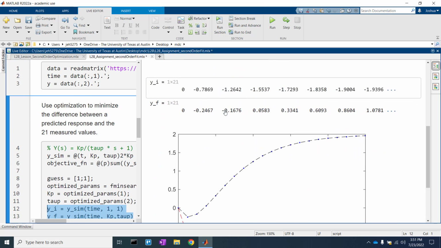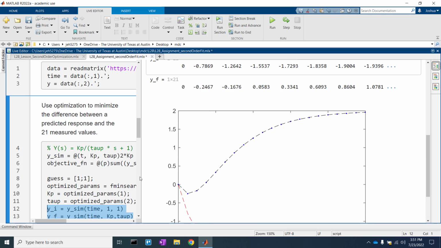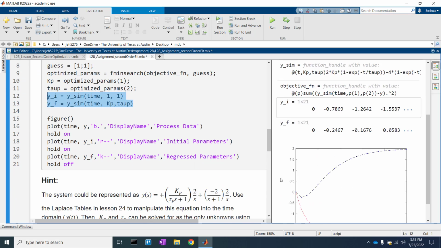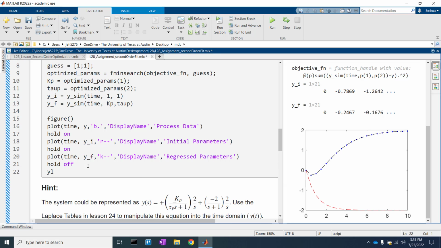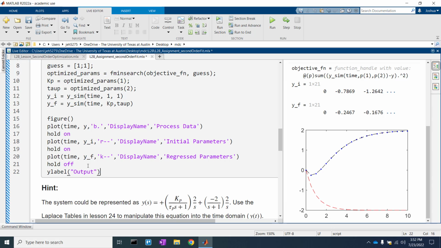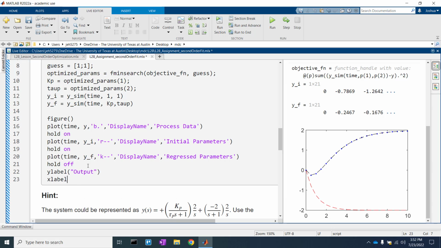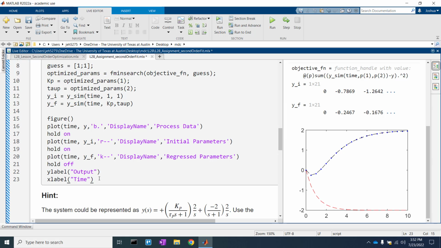So we have our two function handles. You'll notice here's our data in the blue dots, and then the dashed line. Let's go down in our graph real quick. The y label is going to be output. The x label is going to be time, and then we need to do legend.